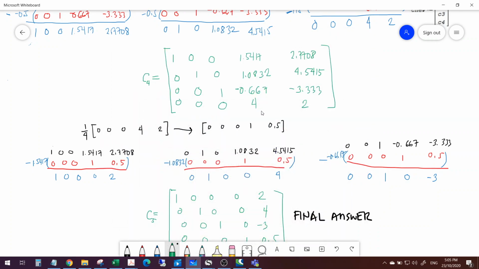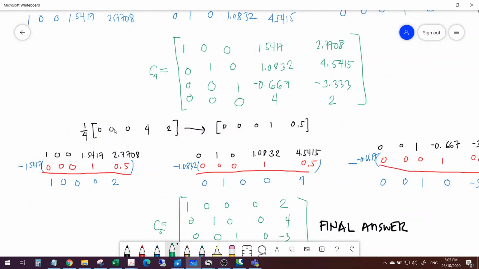So normalize the fourth row. I'll rewrite the fourth row first: 0, 0, 0, 4, 2. Of course, to make this 1, multiply that by 1/4. So that becomes 0, 0, 0, 1, and 0.5, because 2 over 4 is 0.5.